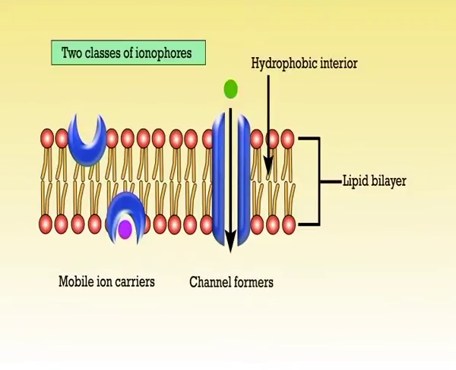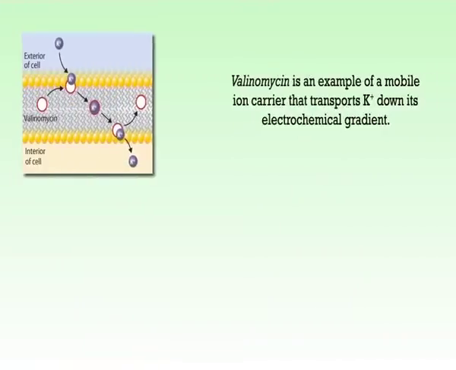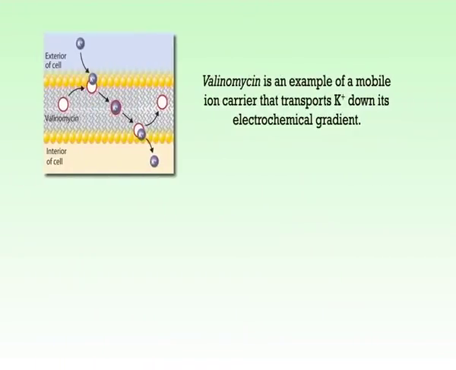Both types operate by shielding the charge of the transported ion so that it can penetrate the hydrophobic interior of the lipid bilayer. Since ionophores are not coupled to energy sources, they permit net movement of ions only down their electrochemical gradients. Valinomycin is an example of a mobile ion carrier that transports potassium ions down its electrochemical gradient.